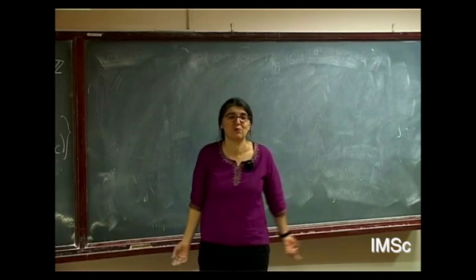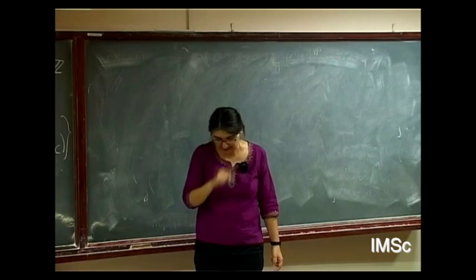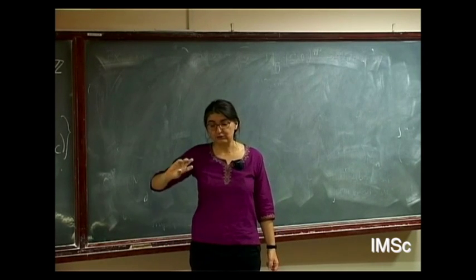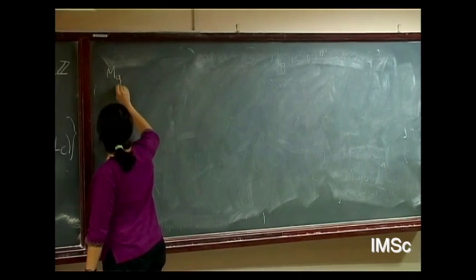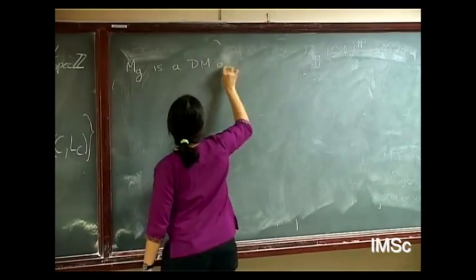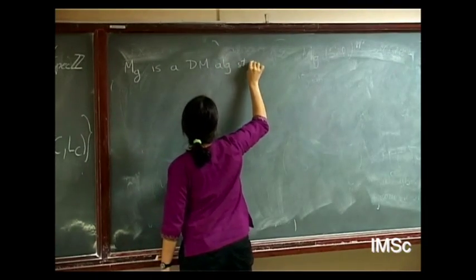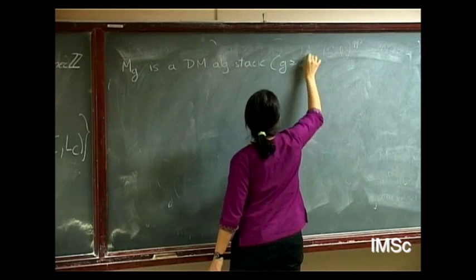For instance, if the genus is 1, you don't have a canonical thing. But the other thing is that M_g is a Deligne-Mumford algebraic stack, and here I have g at least 2.